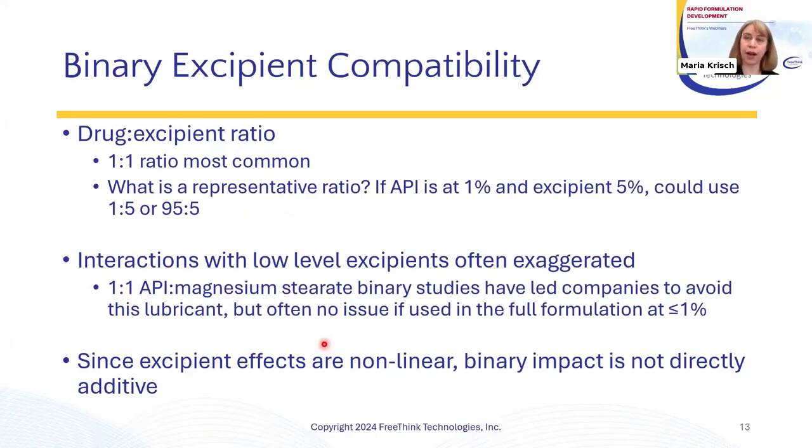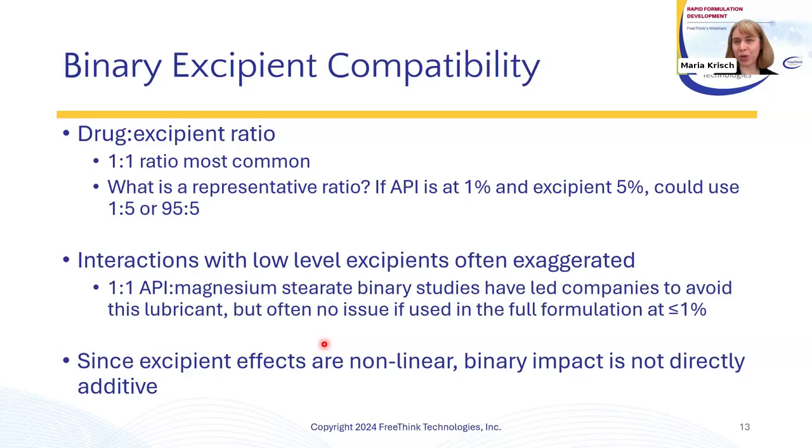There are certain reactions that can happen with this, but they're often no issue if used at low levels. Magnesium stearate is typically used at less than 1%, often 0.5%. So you have an excipient that may actually be fine at the target level, but any small issues may get exacerbated in a binary excipient compatibility study.